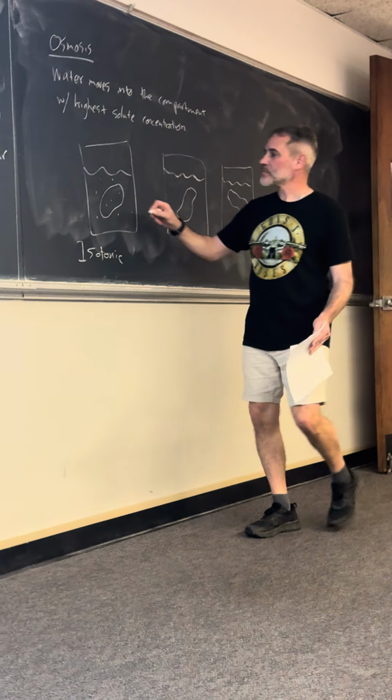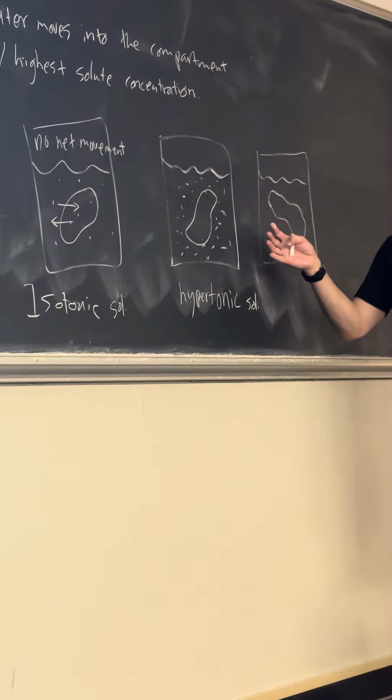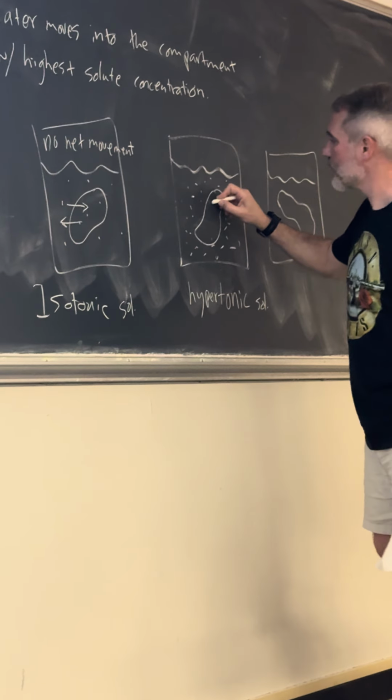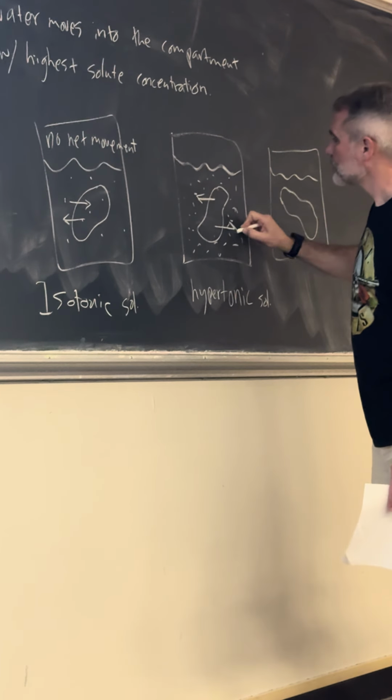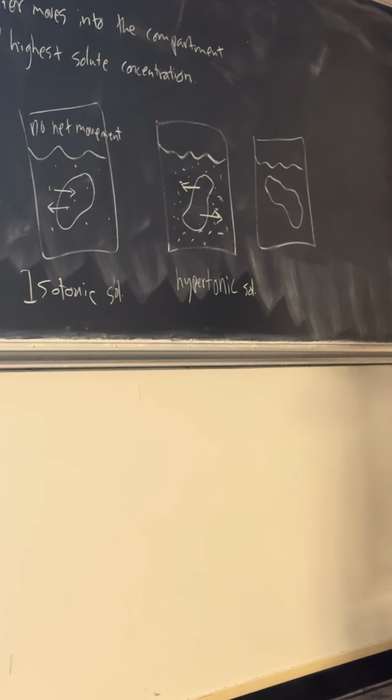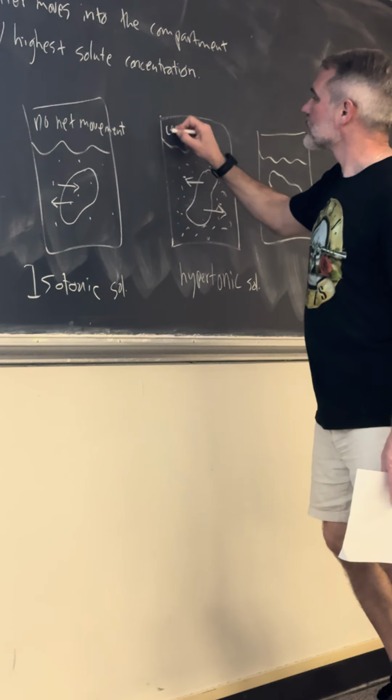It's a hypertonic solution. So in this case, our rule, water moves into the compartment with the highest solute concentration. So is it inside or outside of the cell where solute is highest? Outside, so that's where the water moves. And so maybe the easiest way to think of it, if the water is moving out, the cell is going to shrink.